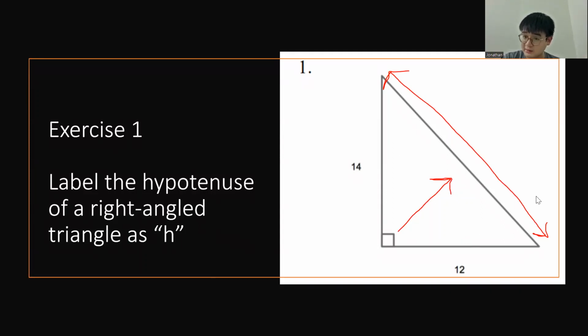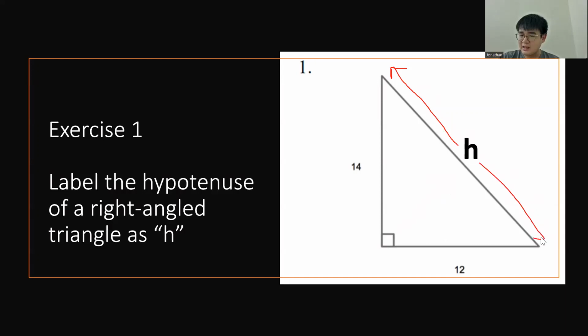So the answer is H. It's better for you to write the H followed by an arrow to indicate this line is the hypotenuse. I give you time to label it.